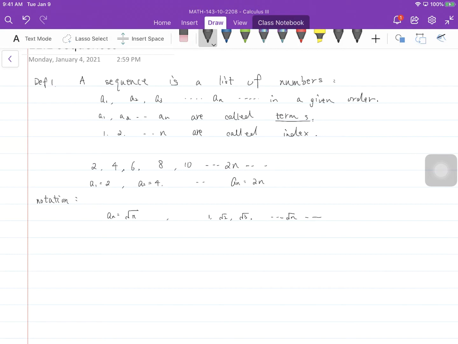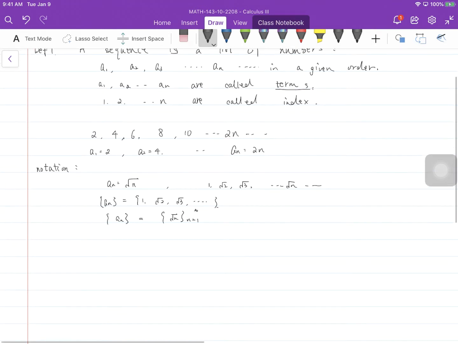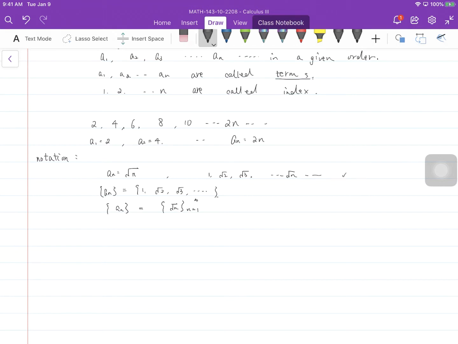The second notation is given by a group of those numbers listed out. And the third notation is {an}, n from 1 to infinity. Actually they all mean the same sequence. Most of the time we use the first one a lot, but in the book you could sometimes also see the third one.